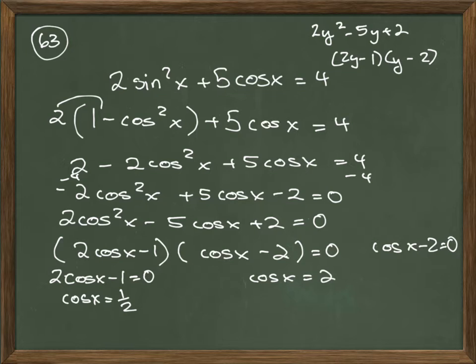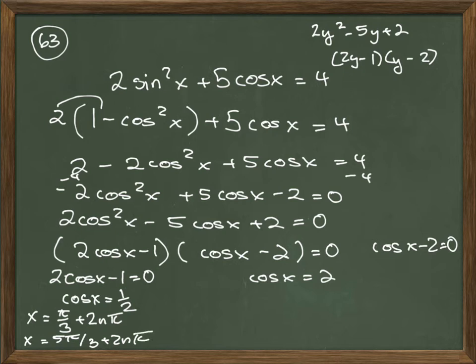For which angle is the cosine 1/2? Pi over 3 plus 2n pi, because it doesn't tell us to stop. And it is also positive in quadrant 4, and that would be 5 pi over 3 plus 2n pi.